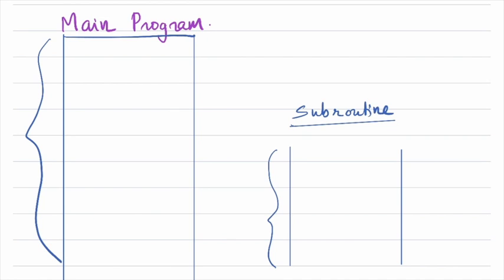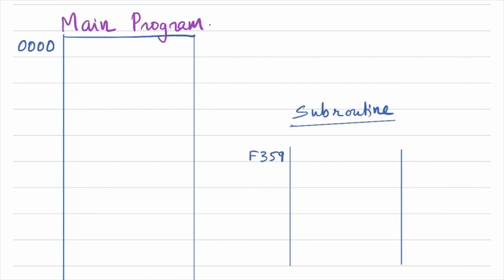So let me assume that the main program is starting from the code memory location 0000 onwards. And assume, for example, my subroutine is lying in the memory location maybe F359.